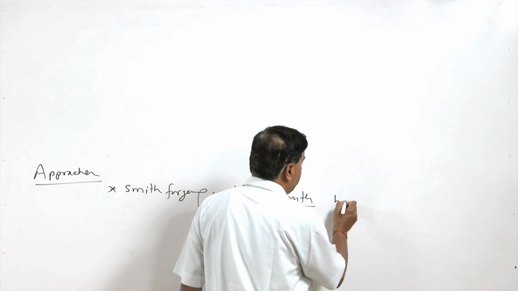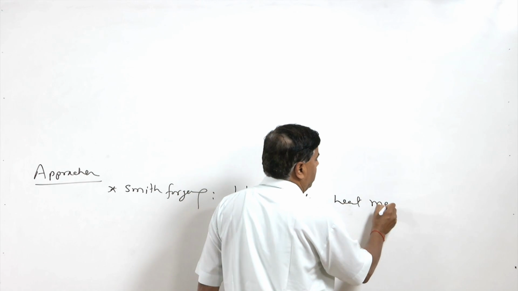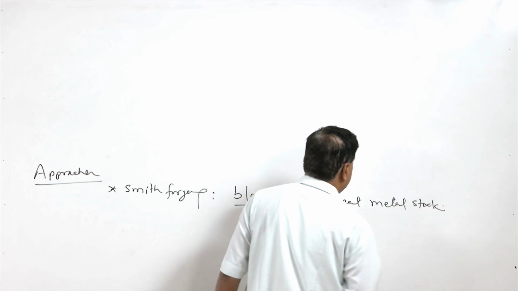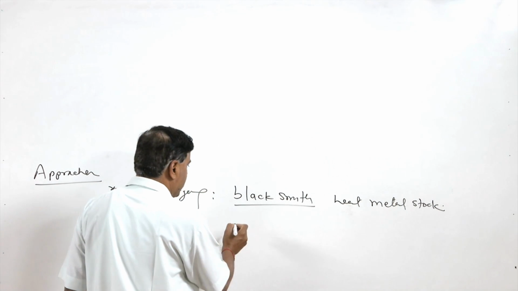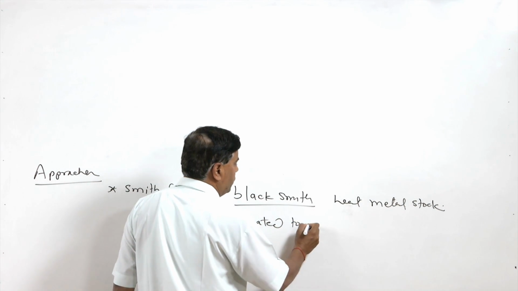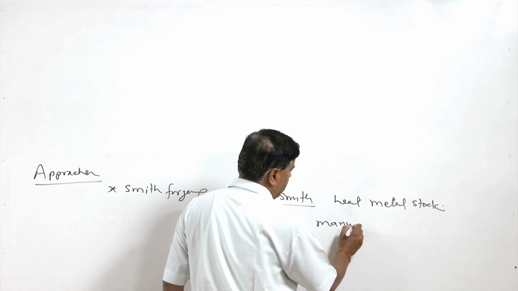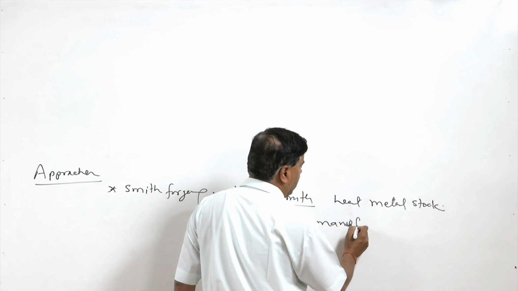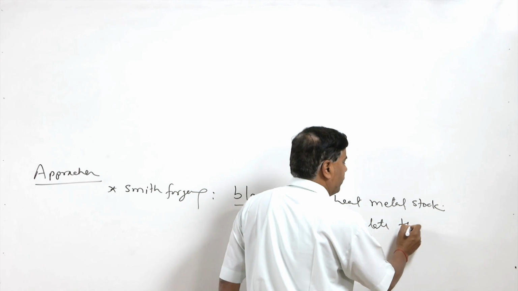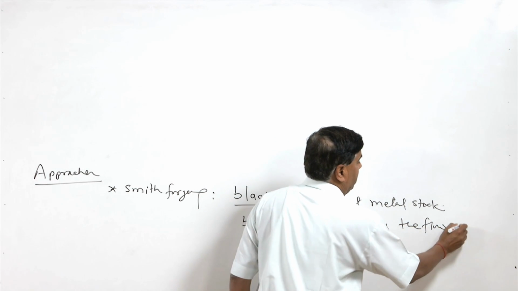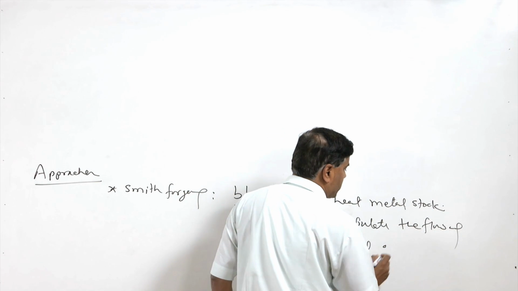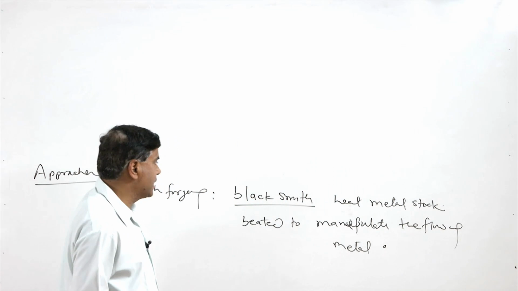Blacksmith used to heat the metal stock, and heated metal stock is repeatedly beaten to manipulate the flow of molten metal, so as to get the desired size and shape.